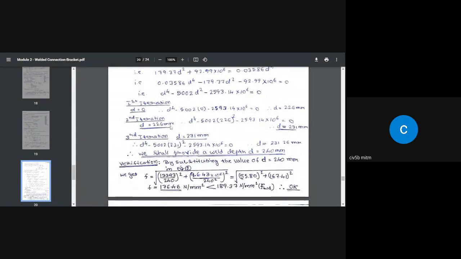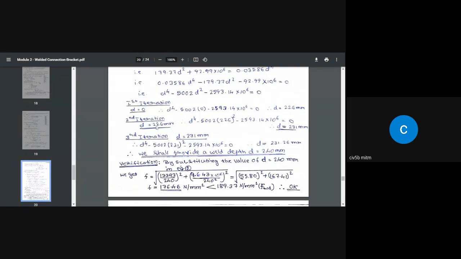Here substitute 0. This value remains as it is. Find out what is d. Now we got the first approximation of the depth of the weld, which is 226 millimeter.